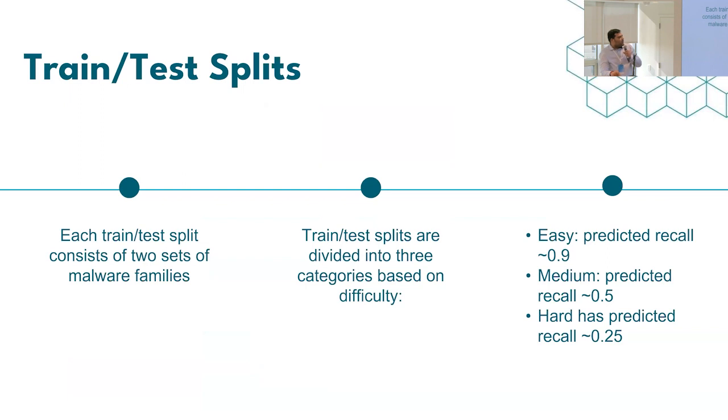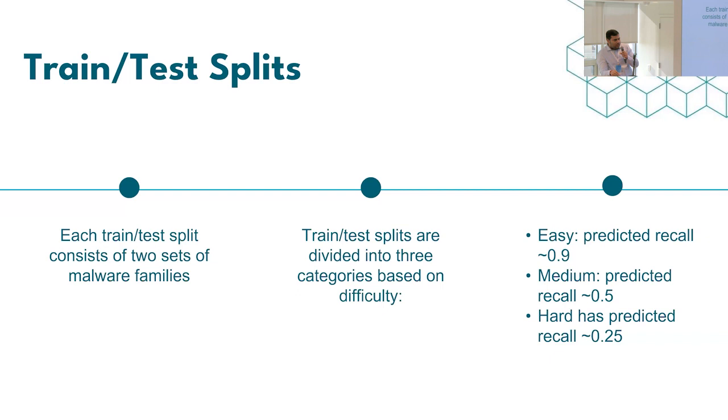What do we mean by easy? It's that when we use the samples from the training data set and train the model and use it to predict the samples in the test set, we get a recall value of around 0.9. This is just a theoretical value which we obtain from the graph.